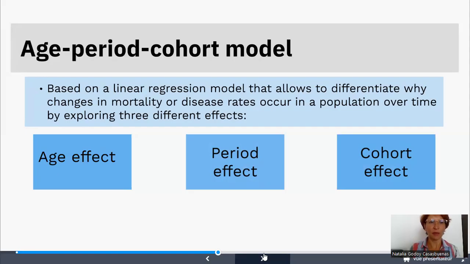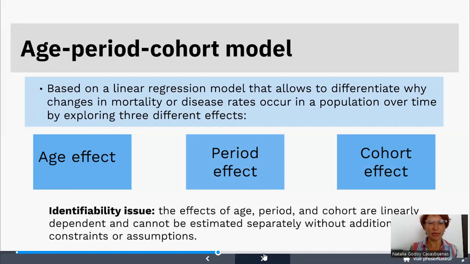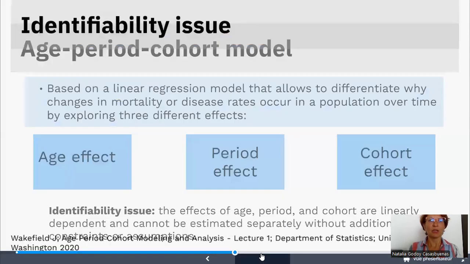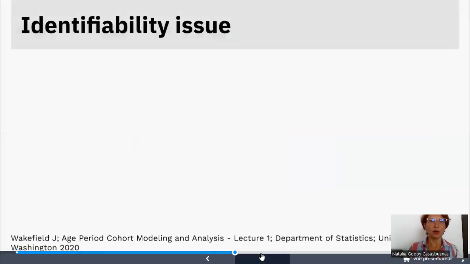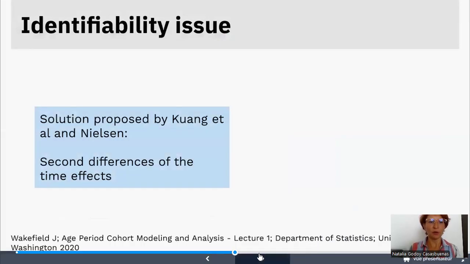in the same year. The challenge in analyzing age period cohort models lies in dealing with the identifiability issues, where effects of age, period, and cohorts are linearly dependent and cannot be estimated separately without additional constraints or assumptions. To address this issue, we used the solution proposed by Huang and Nielsen that follows the second differences of the time effects.